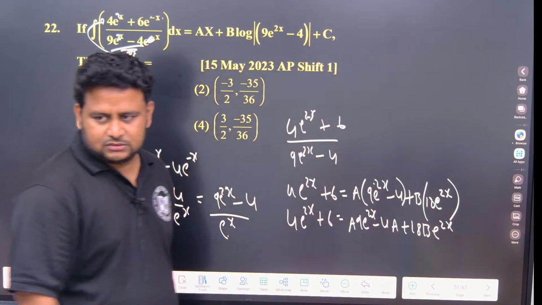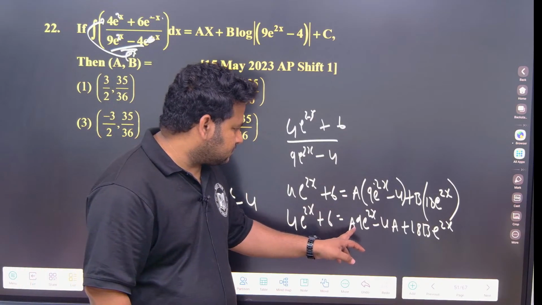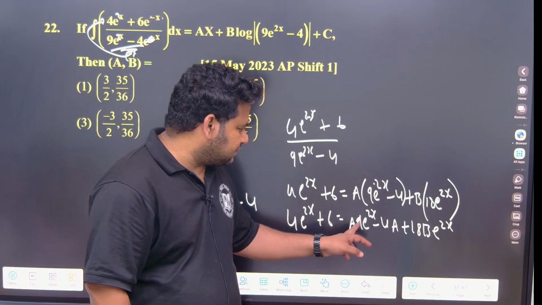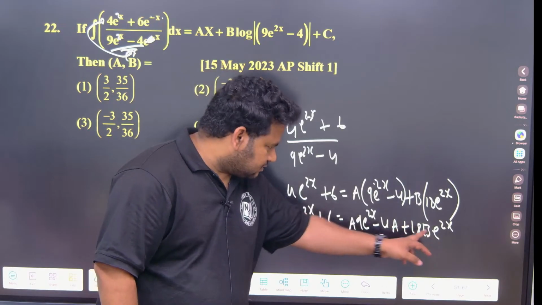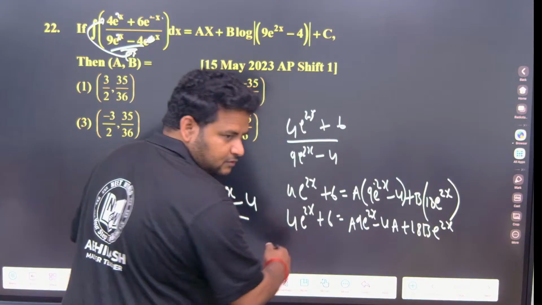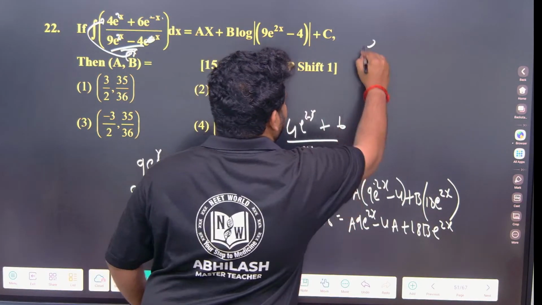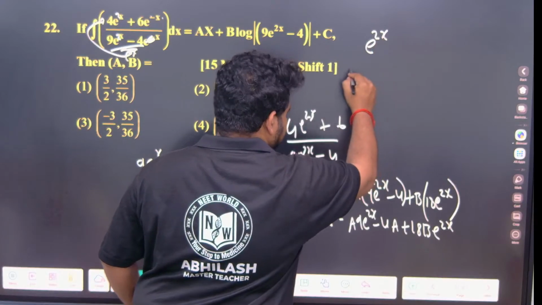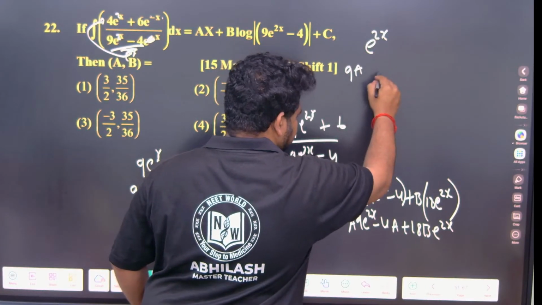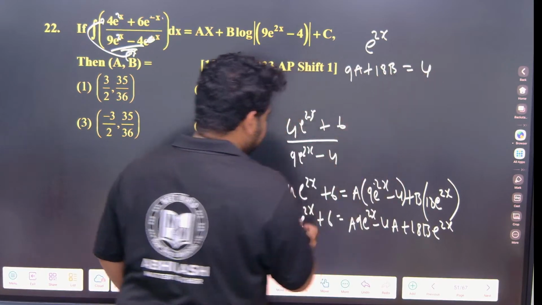Now the coefficients of e power 2x are 9a plus 18b, which is equal to 4.